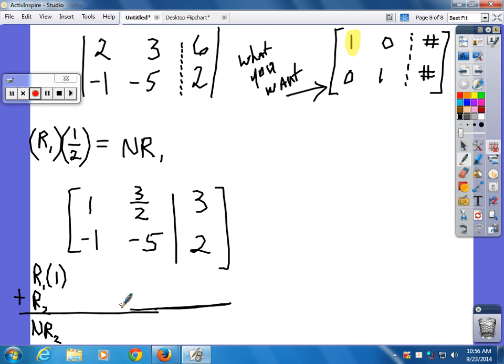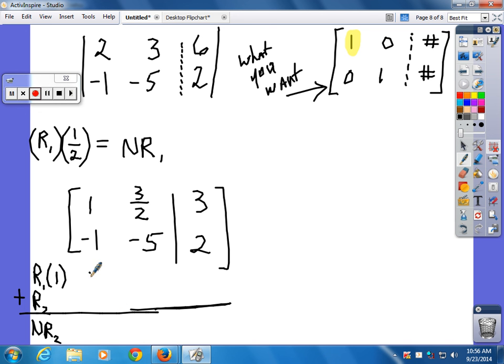Just like elimination. Now, you technically don't have to multiply it by 1, but what if this was a -2? Then you'd have to multiply this by 2 and then add it to row 2 to get new row 2. So I've just put that there just so you can remember you can multiply.